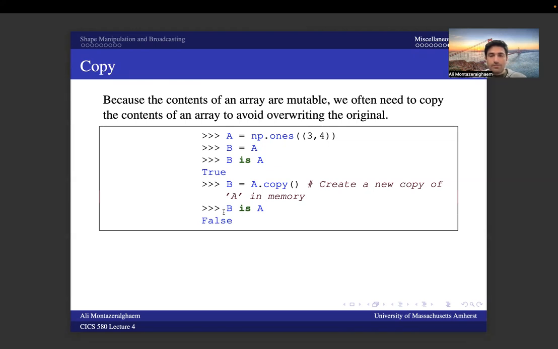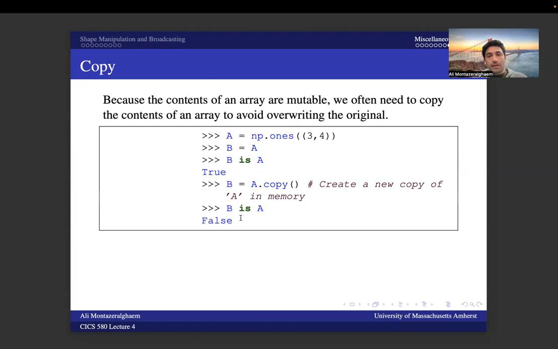So if we check B is A, this generates False, which means that B is not A. In this case, the numbers that we have in A and B are the same, but they have different locations in the memory, and if you change one of them, the other one stays the same as before.